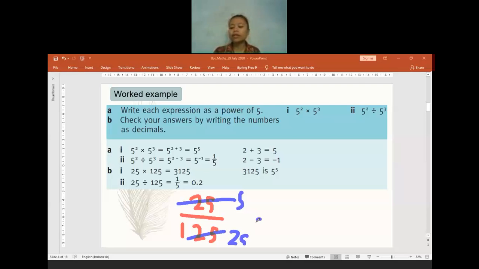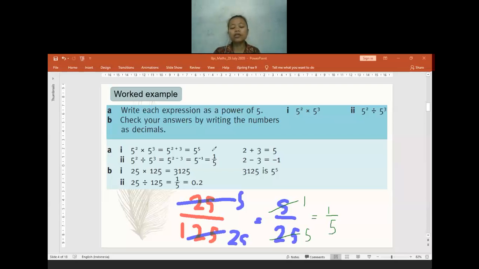So I get 5 over 25. I can do cancelling out again, dividing everything by 5. So 5 divided by 5 equals 1, and 25 divided by 5 equals 5. That's why the final answer is 1 over 5.